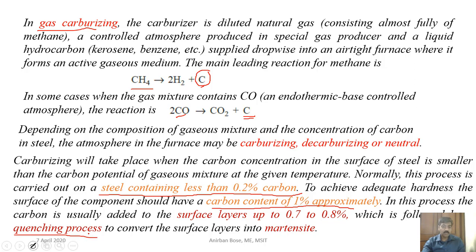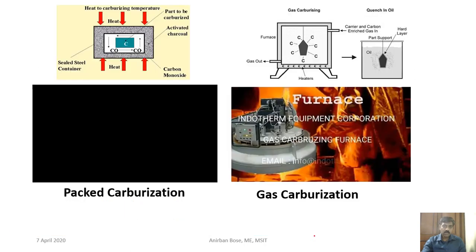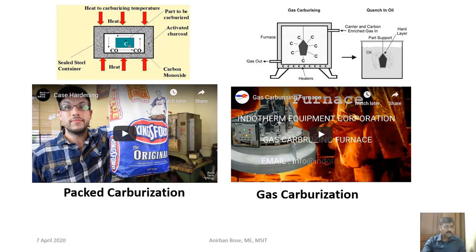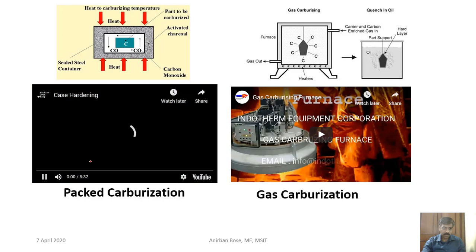After that heat treatment is done, meaning quenching and tempering, because martensite or tempered martensite is produced. This is the plan. You can see it is kept within the furnace.